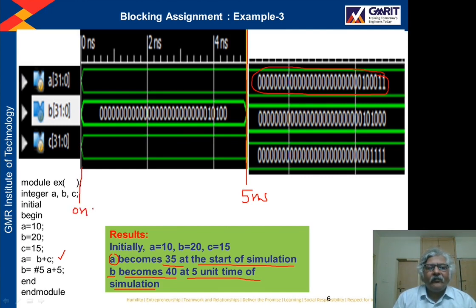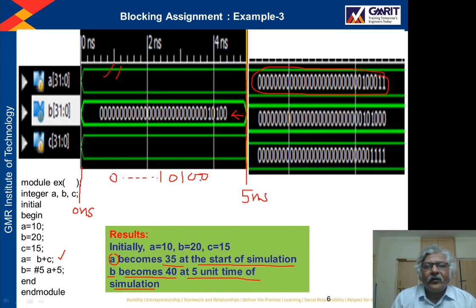So the value of A will become 35 at 0 nanosecond itself, right? But now you see, before 5 nanosecond, what is the value of B? It is 1 0 1 0 0 1 0 1 0 0, and here all 0.